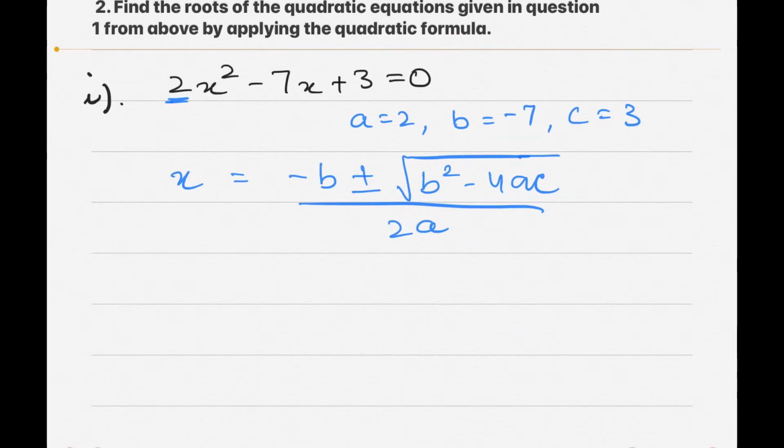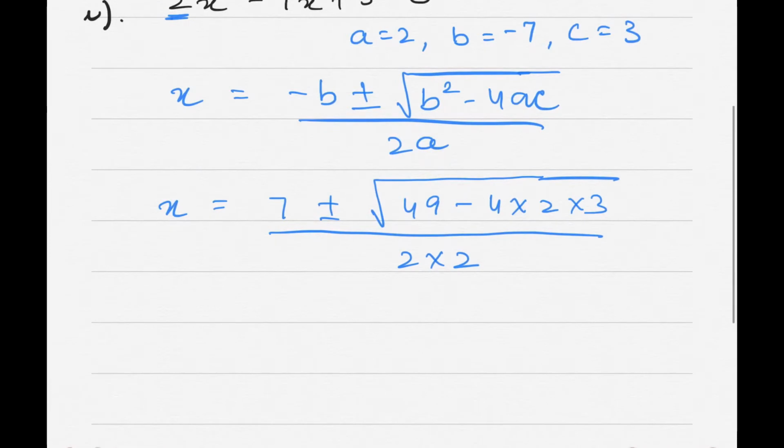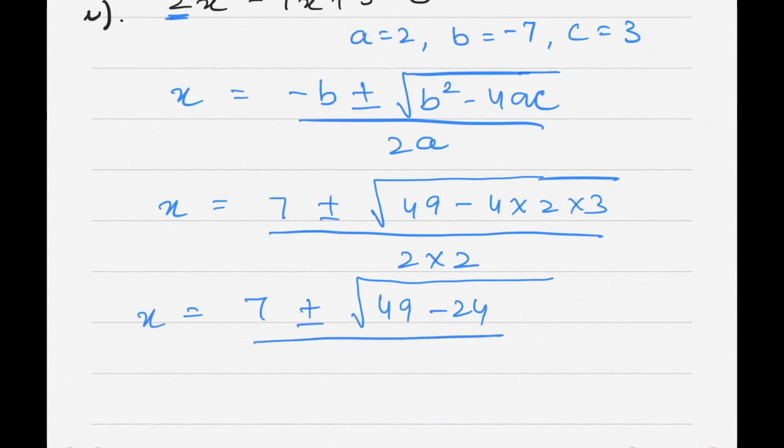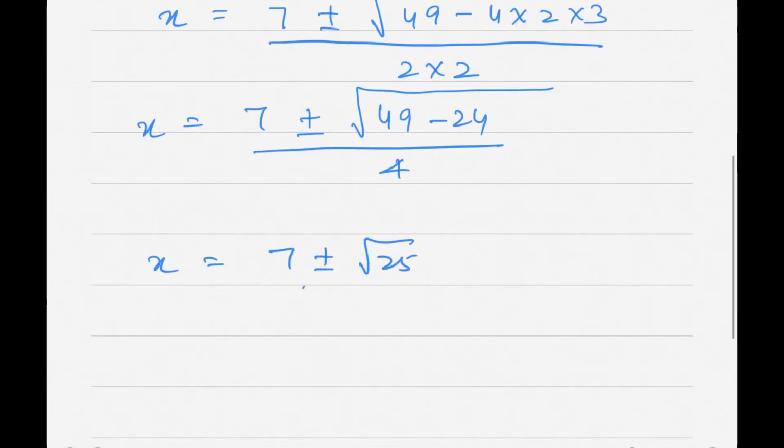Now I'll substitute the values. So x is equal to minus, and minus 7 will become plus 7, plus minus square root of b square, which is minus 7 whole square, so 49, minus 4 into a which is 2 and c which is 3, then divided by 2 into 2. So x is equal to 7 plus minus square root of 49 minus 24, divided by 4. So x is equal to 7 plus minus square root of 25, by 4.